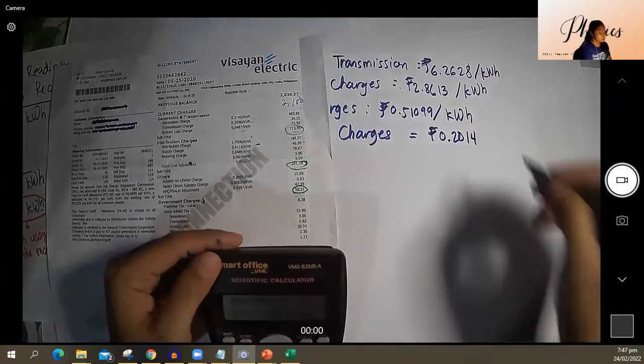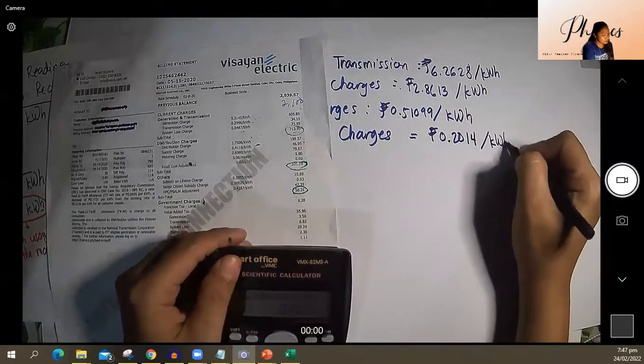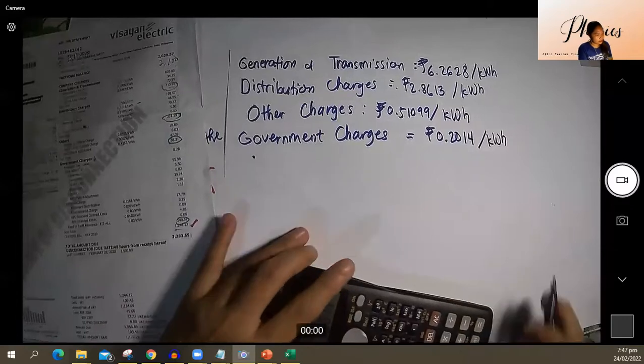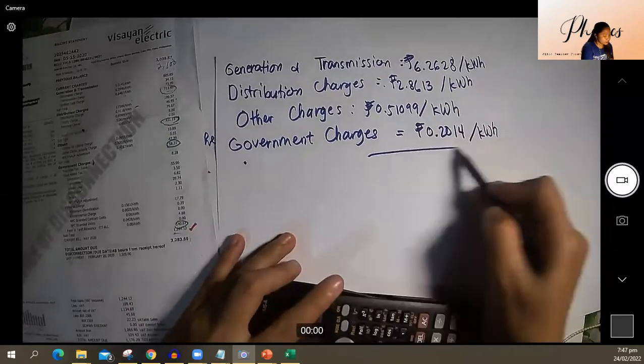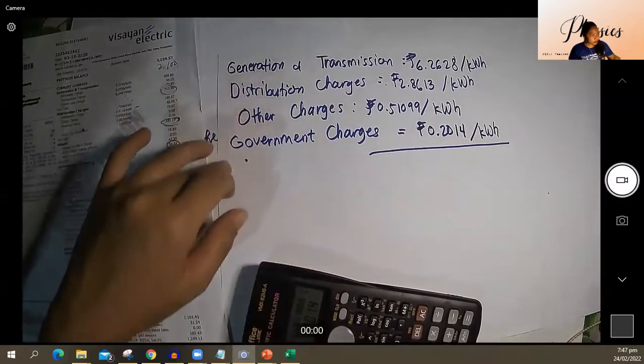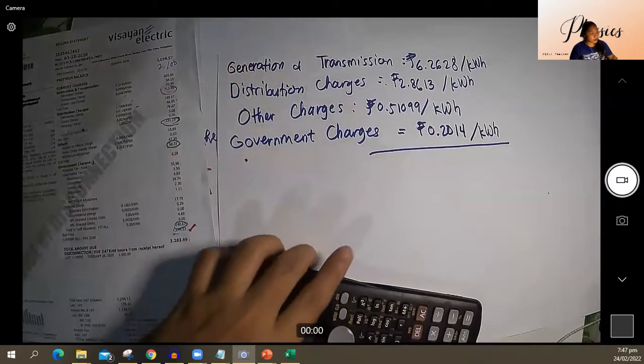Okay, per kilowatt hour. All right, and so we can also get our sum here of the price for all the charges per kilowatt hour.